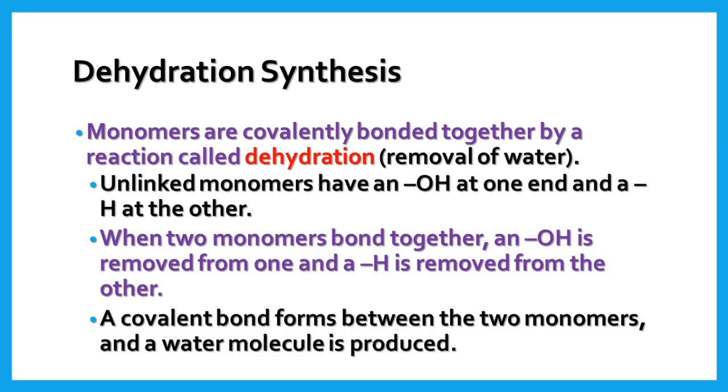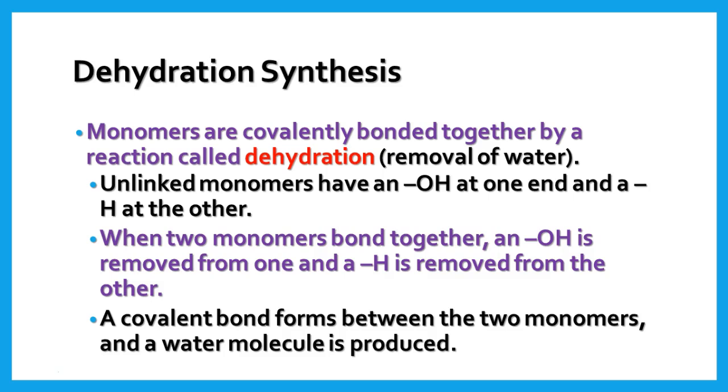Now, if you think to what you know, dehydration means removing water from something. The monomers in organic compounds are covalently bonded by this reaction called dehydration or dehydration synthesis. So all of these monomers, every single one of them, is going to have a hydroxyl group at one end of a molecule, and another one is going to have a hydrogen at the other end.